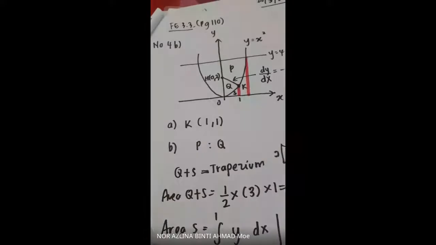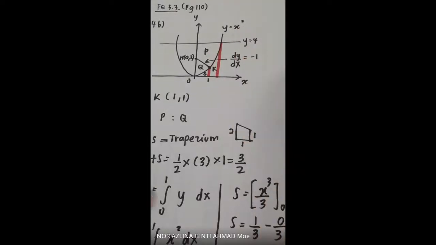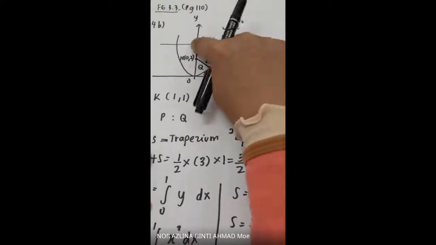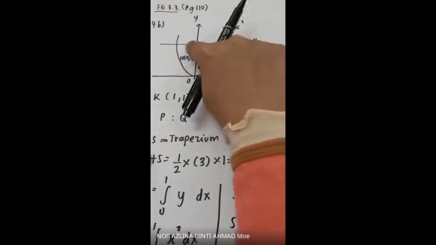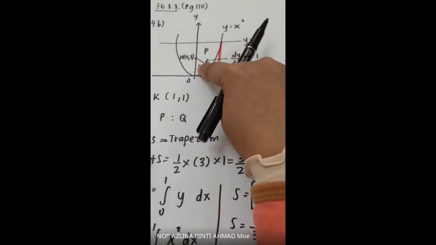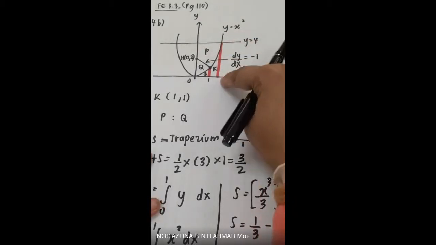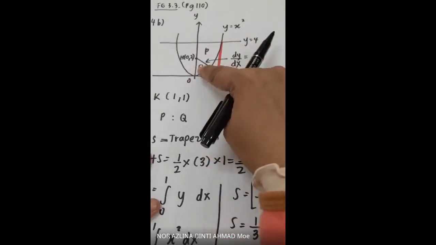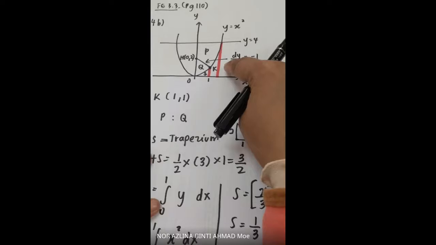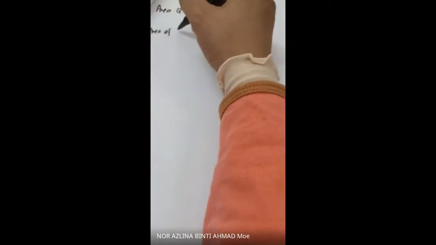Next, how to get area of P? Area of P you can get from the rectangle. Okay, this is the rectangle, minus K minus S minus Q. So you can find P from the area of the rectangle minus Q, S, and K. So now, what is the area of the rectangle?